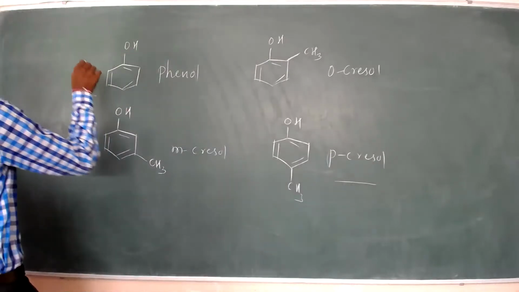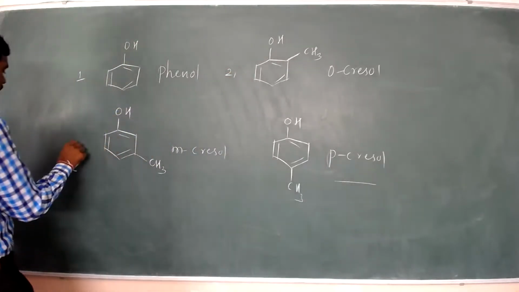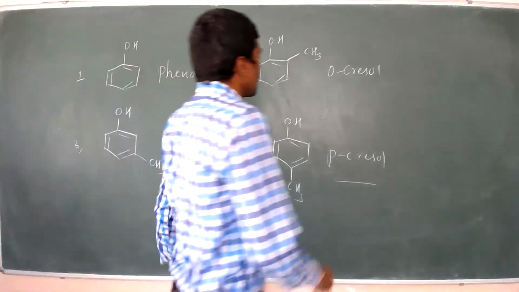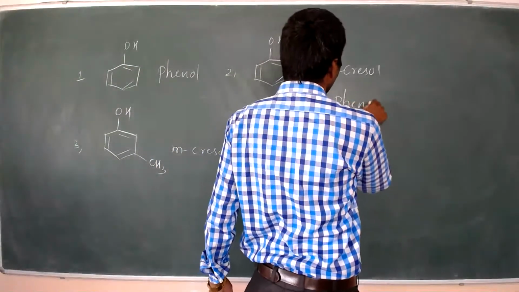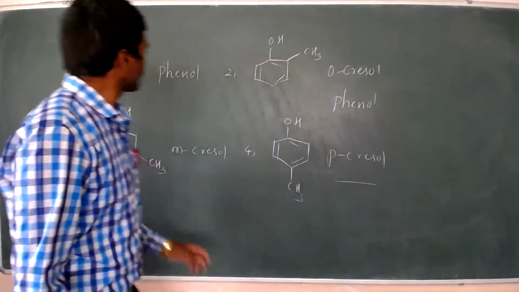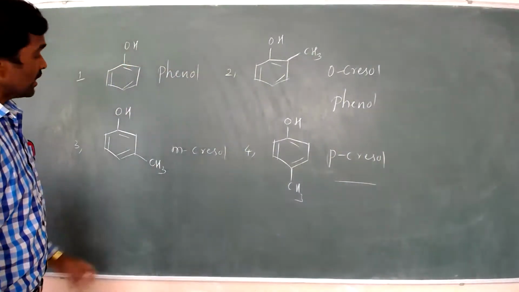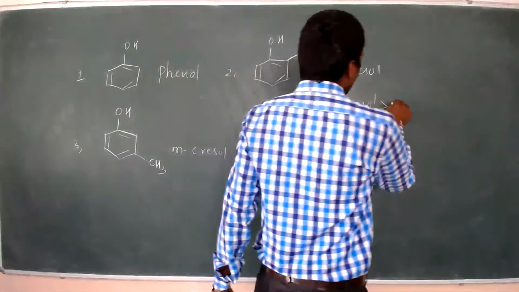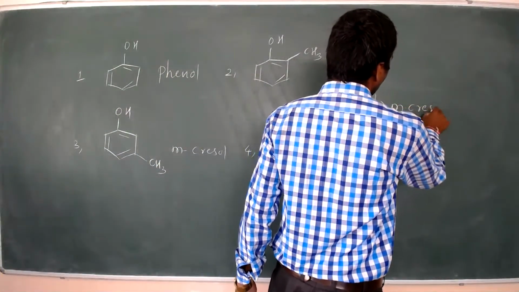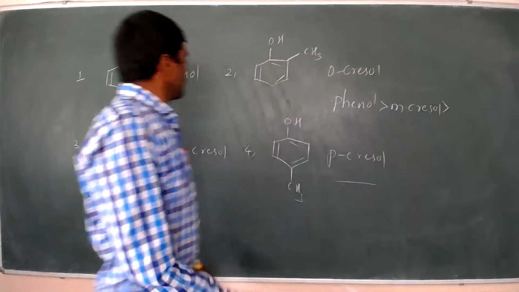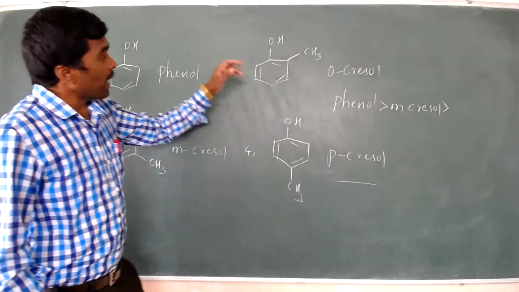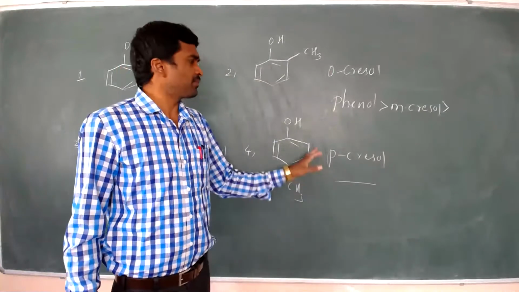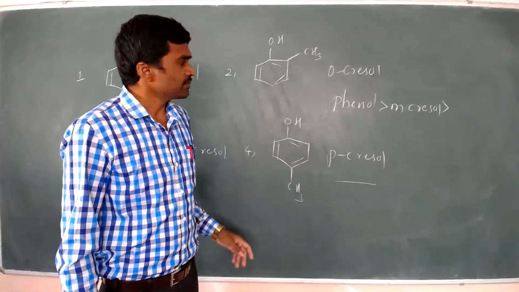This is compound 1, 2, 3, and 4. Phenol is more acidic. Then after that, metacresol is more acidic. Thereafter, paracresol and orthocresol are almost the same, both of the same acidic nature.